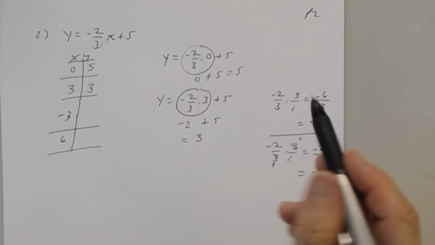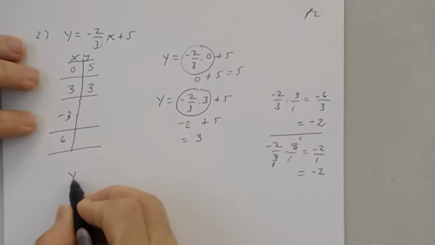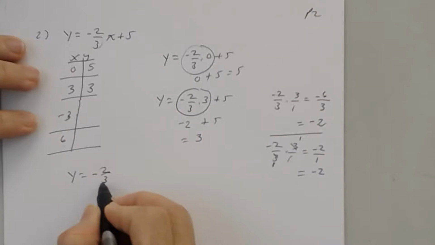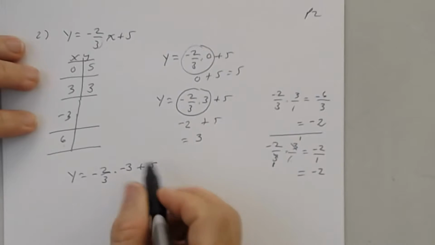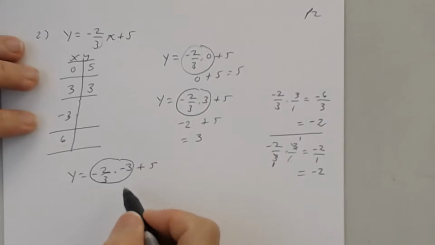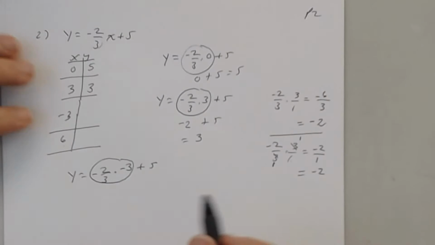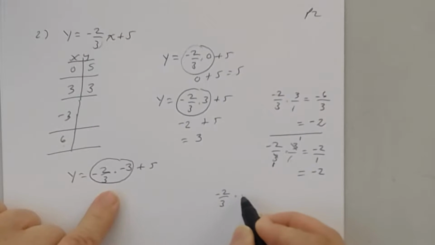All right, let's do negative 3. If x is negative 3, I get y equals negative 2/3 times negative 3 plus 5, right? We do multiplication first. What's a negative times a negative? Positive. So let's go off to the side and figure this part out. That's negative 2/3 times negative 3 over 1.